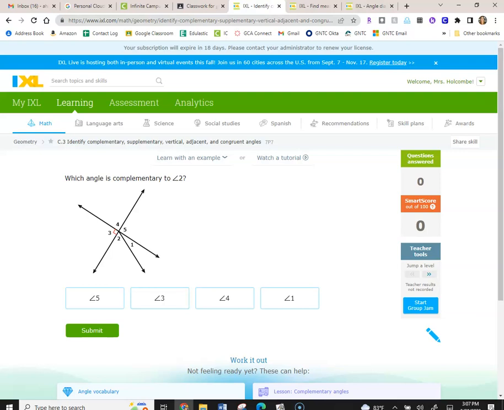Look at the picture, find the angle they tell you. They say, here's angle 2, focus here. Then they're saying, which one would add to 2 to equal 90? Your clue is that angle 3 is 90, right? So if that's 90 over there, then this has to be what? 90 right there. Which means, what's the complementary angle? 1.